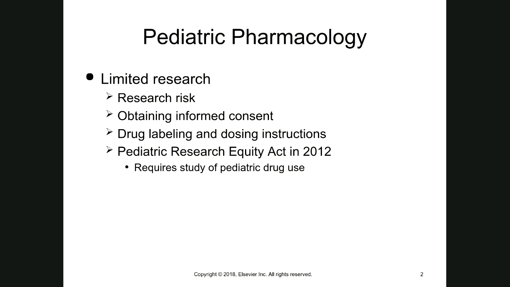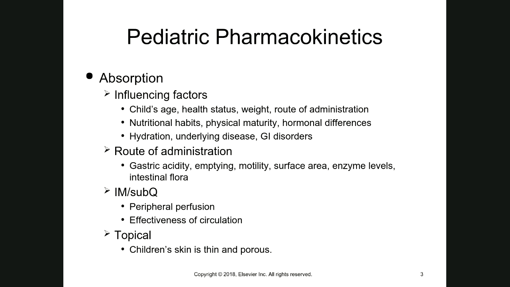So I'm going to go on with the slides here. Like I said, we're dealing with absorption. Those are influencing factors: a child's age, health status, weight, because you're going to have young children now in elementary that weigh 200 pounds, and it's a lot different than it used to be.